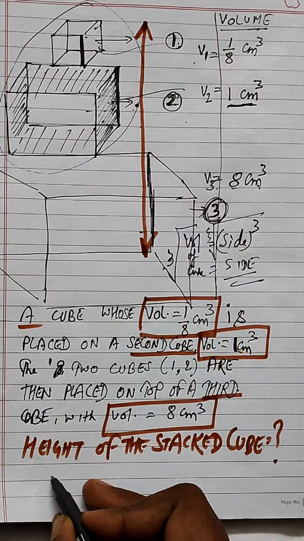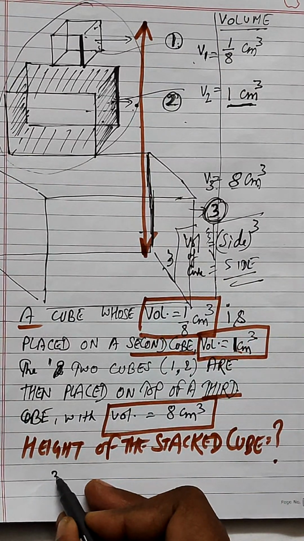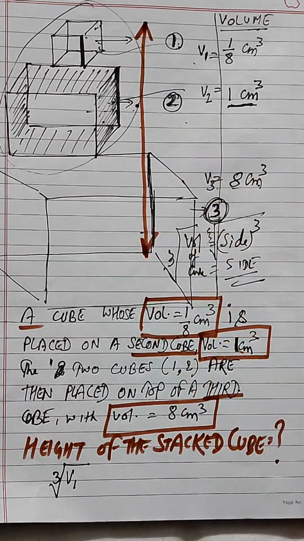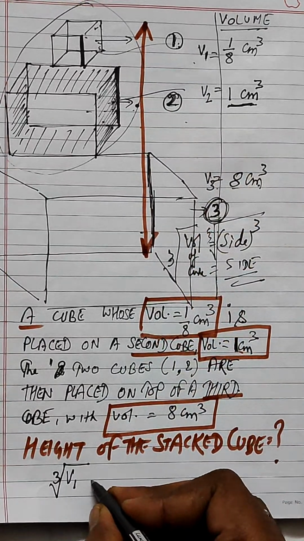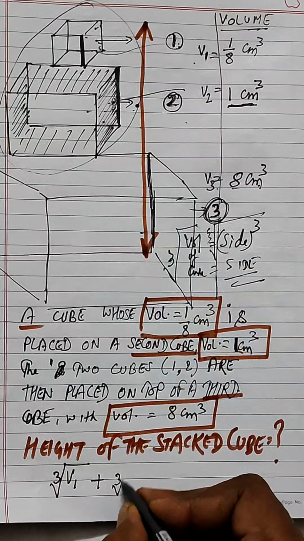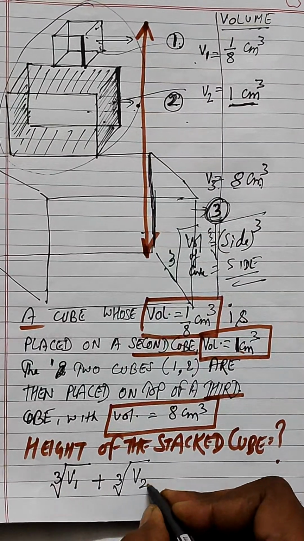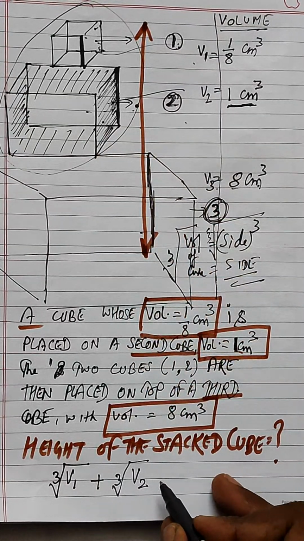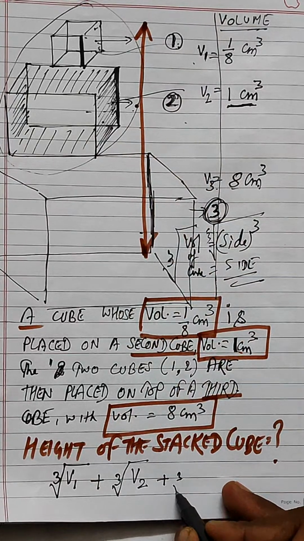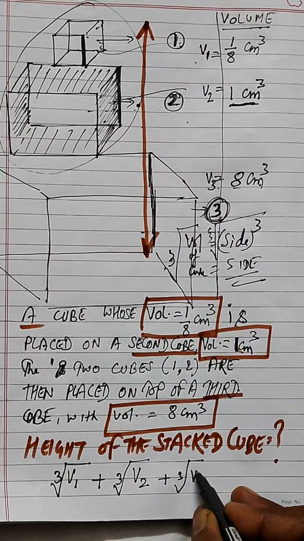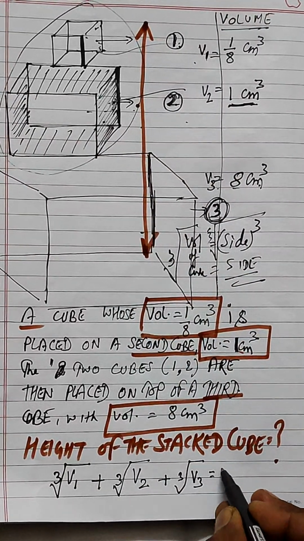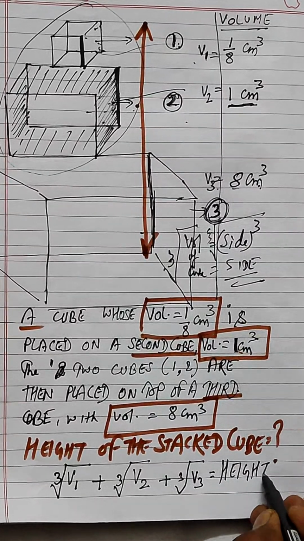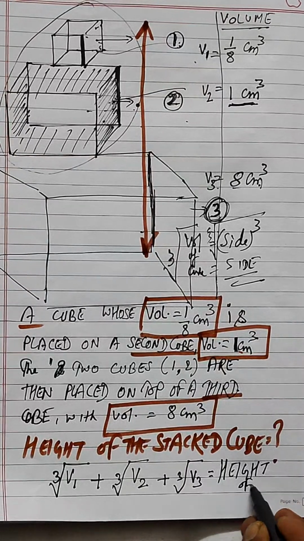So do one thing, just take the cubic root of V1, that is 1 by 8, then add this with the cubic root of V2, the second one, 1 centimeter cube with volume 1, and add it with the cubic root of the third cube V3. So this will give you the height of the given stack of cubes.